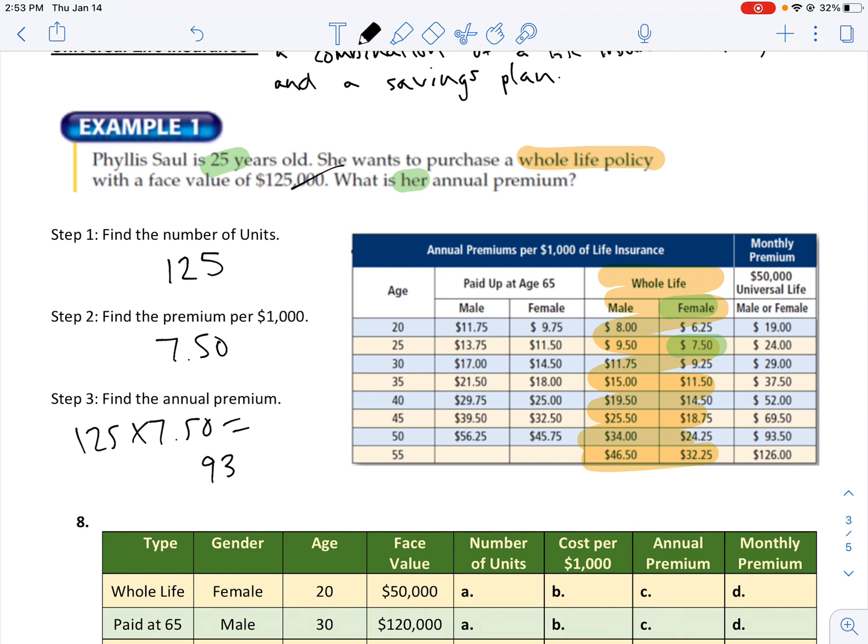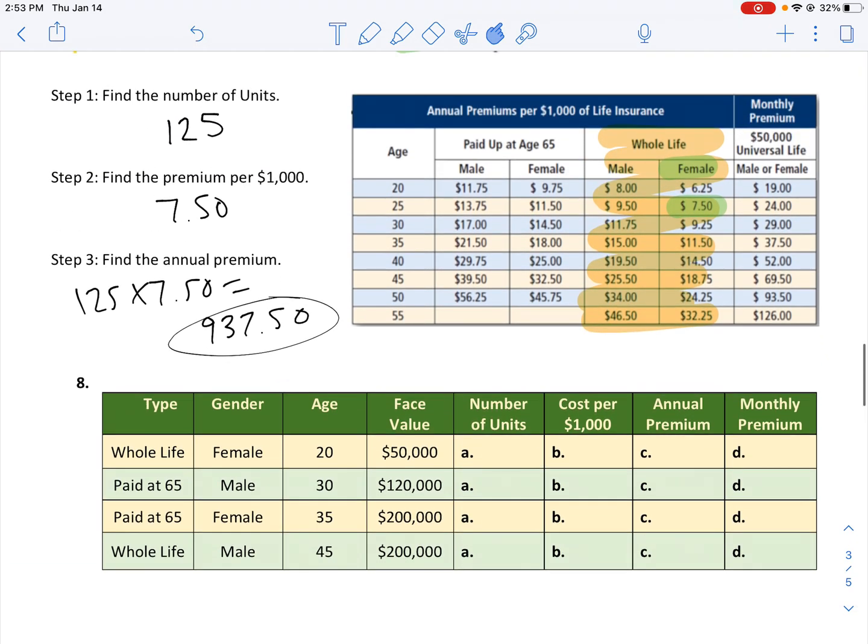So $937.50 is the annual premium. All right, last few. We'll keep the chart here. The units, just cross out the last three. So 50, 120, 200, 200.